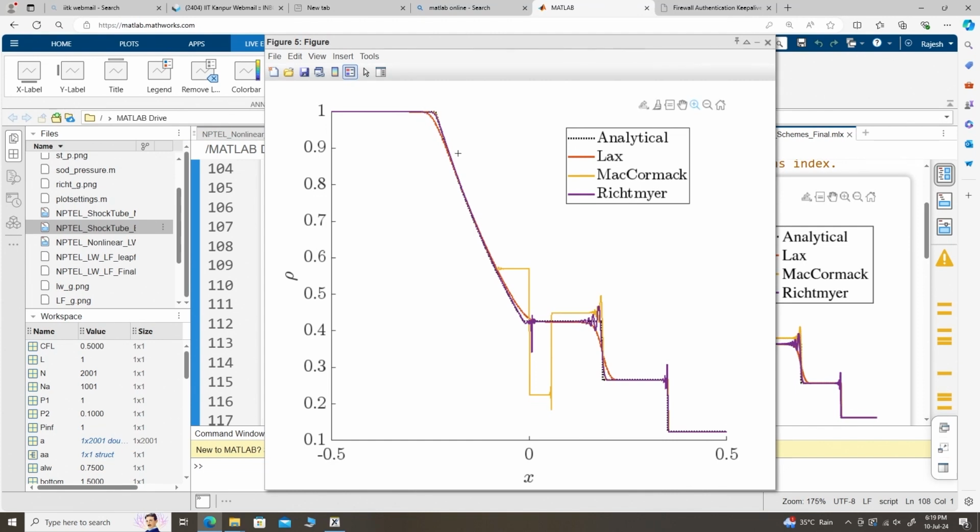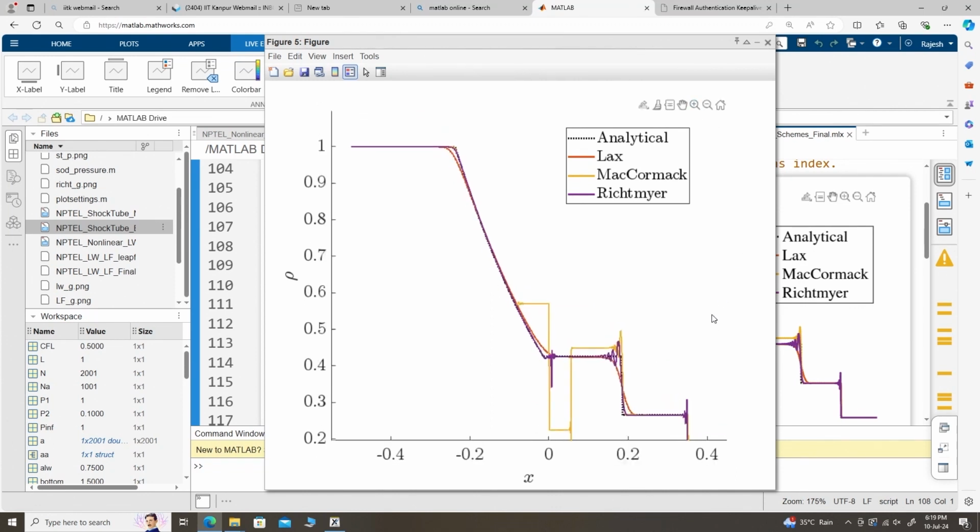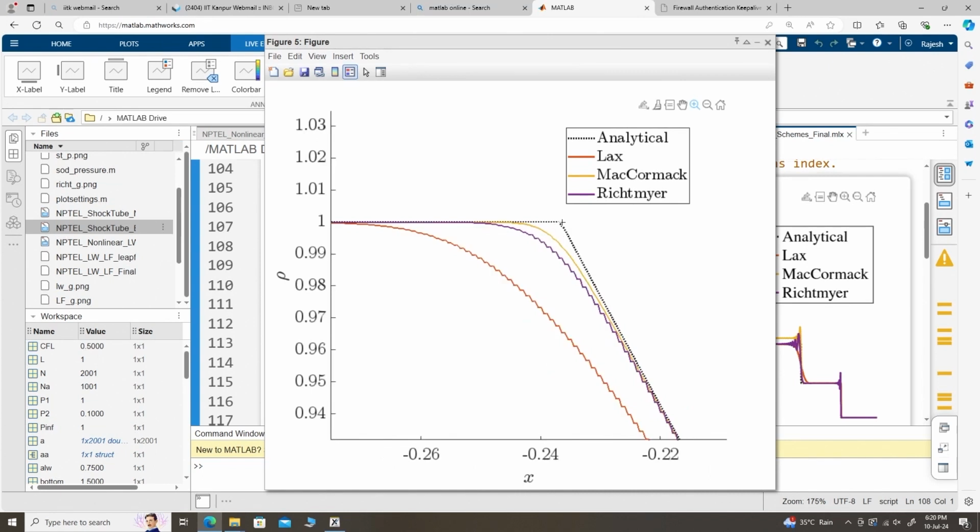Here if you see in the region where the expansion fan starts, not able to make it big. Here you can see the black one is analytical, and the Lax-Friedrichs has the maximum dissipation.